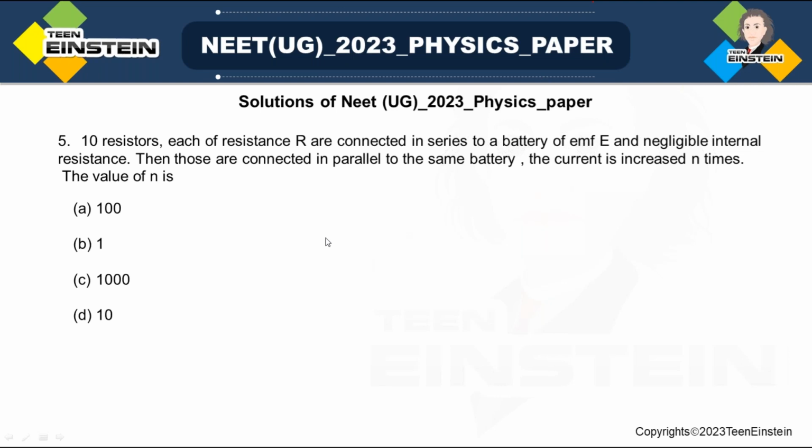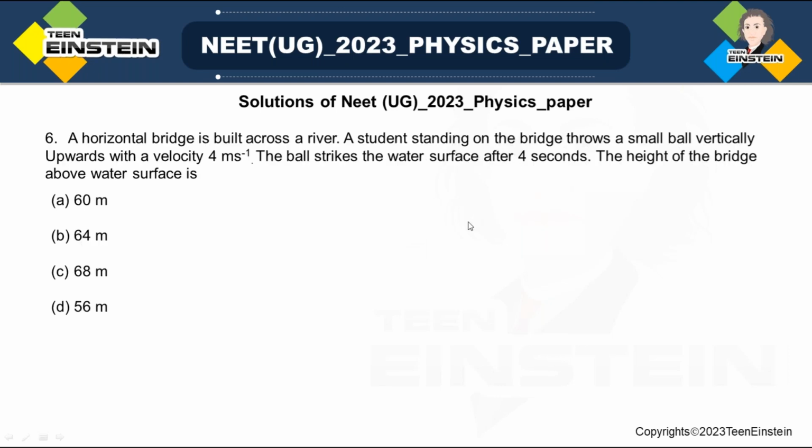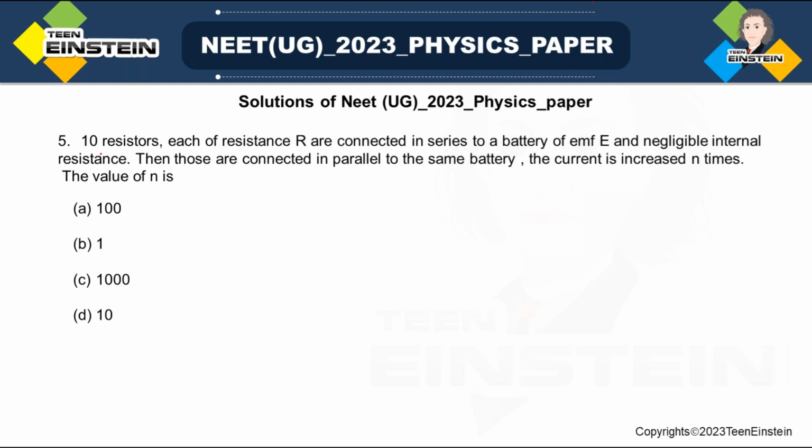So in this question, it says there are 10 resistors, each of resistance R, connected in series to a battery of EMF E and negligible internal resistance.